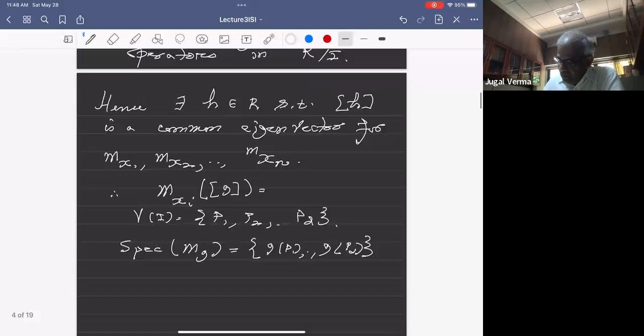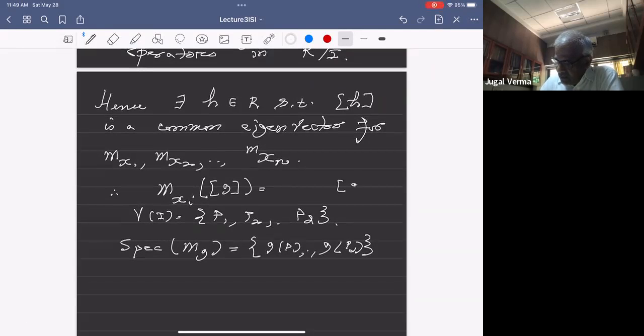So therefore, this mxi on G, G is an eigenvector, so that comes out, and the eigenvalue is this. Xi as a function, what does it do on a point?